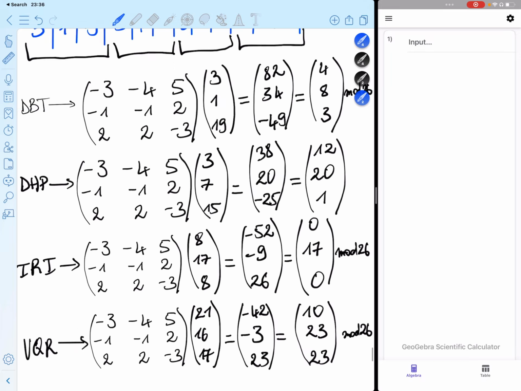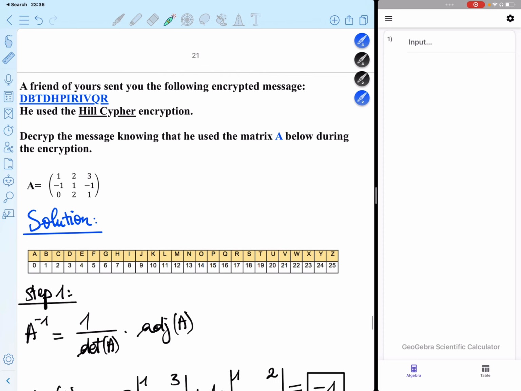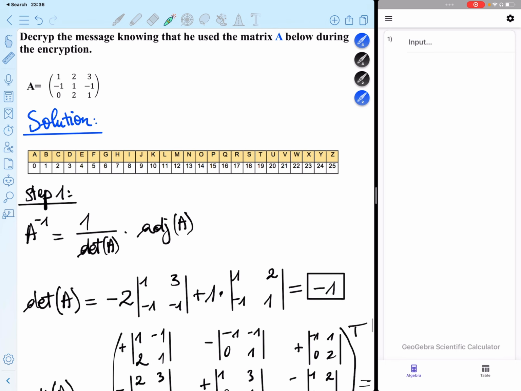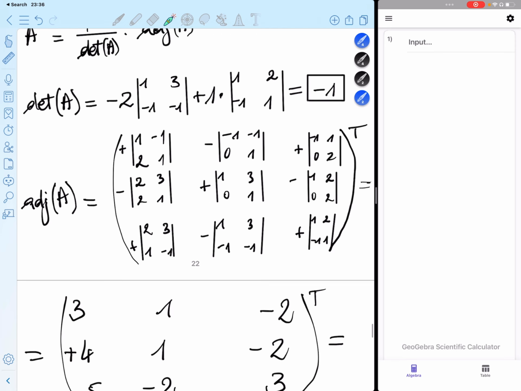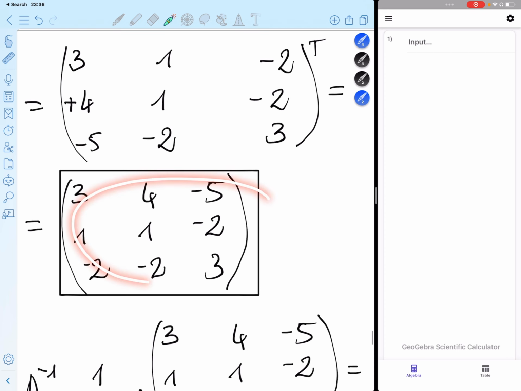So let me summarize. Basically, my friend sent me this message and he encrypted the message using the Hill cipher, and he used the matrix A for the encryption. So for me to decrypt the message, I found the inverse of A using this formula, and A inverse is this.